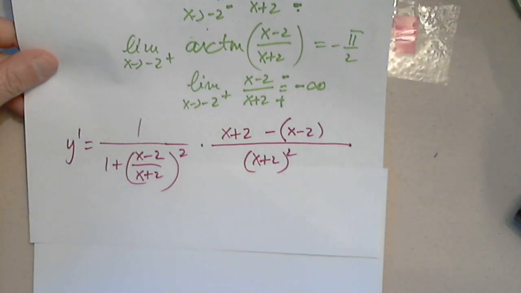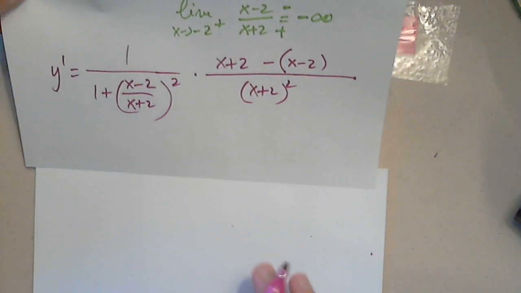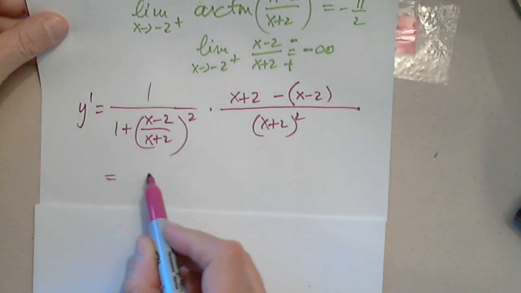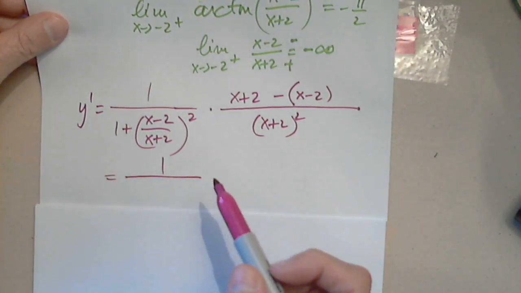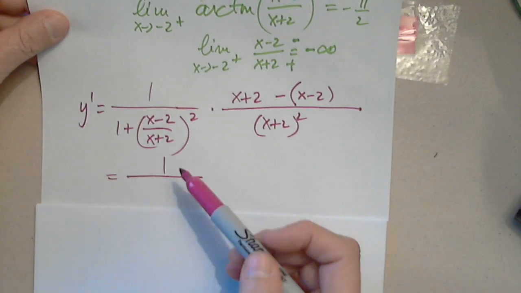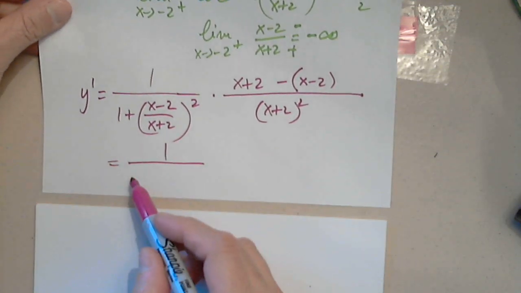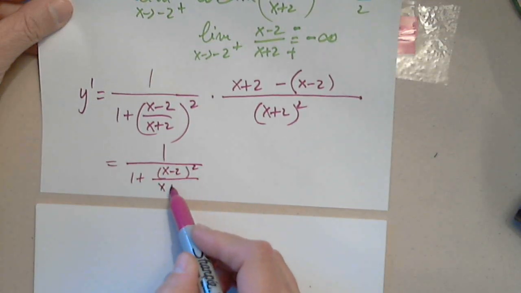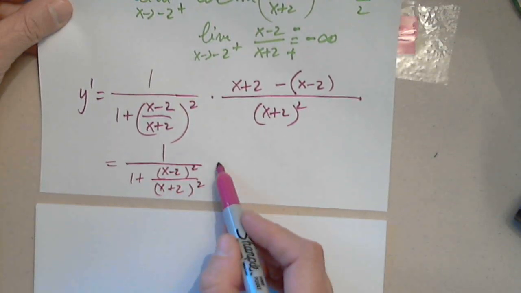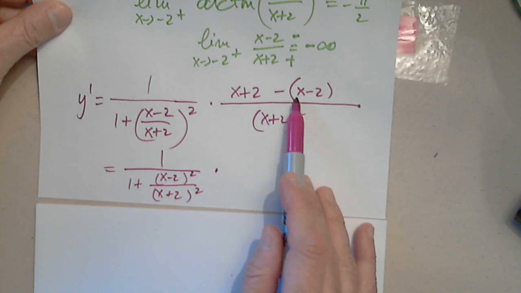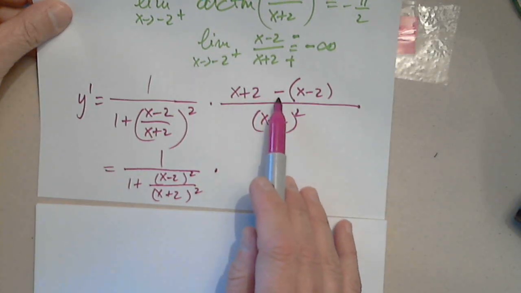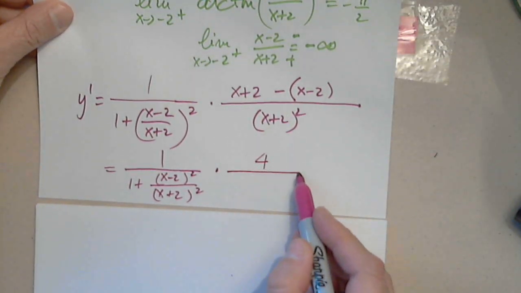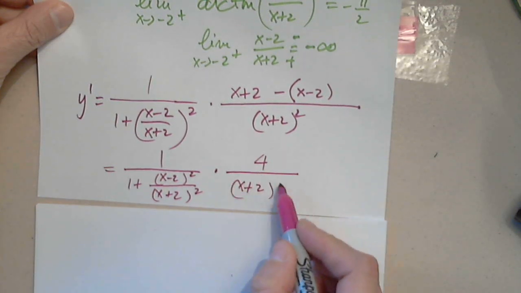Okay, so messy. So it's 1 over 1 plus (x minus 2) squared over (x plus 2) squared, times: x minus x will go away, and 2 plus 2, so this is times 4, over (x plus 2) squared.